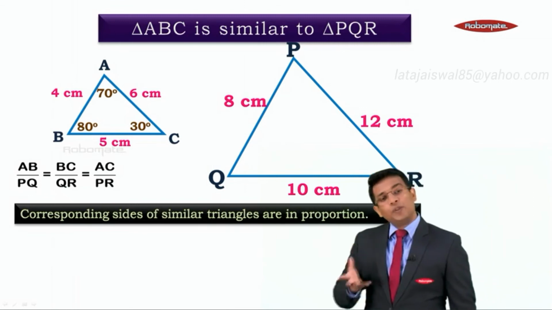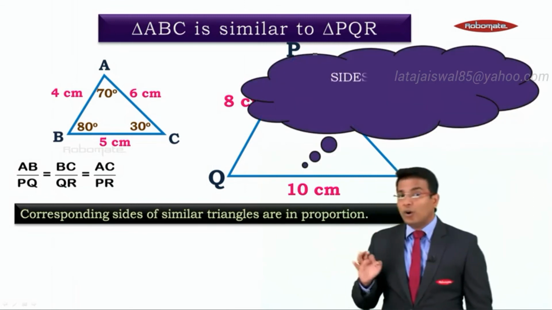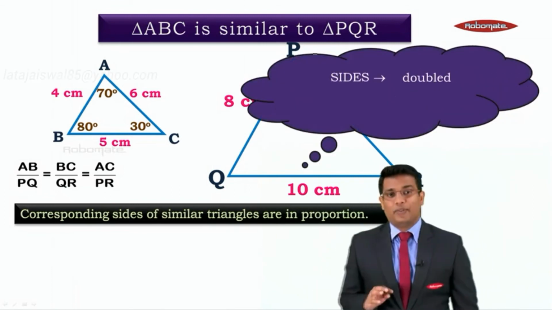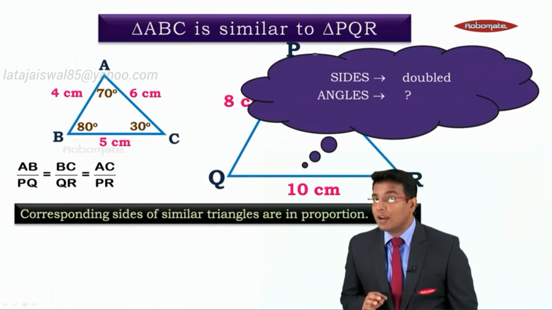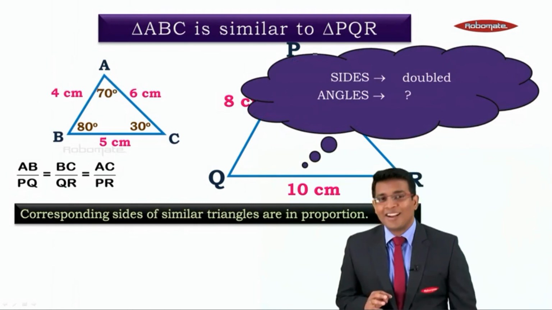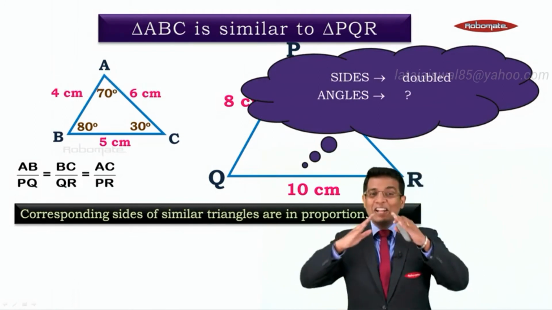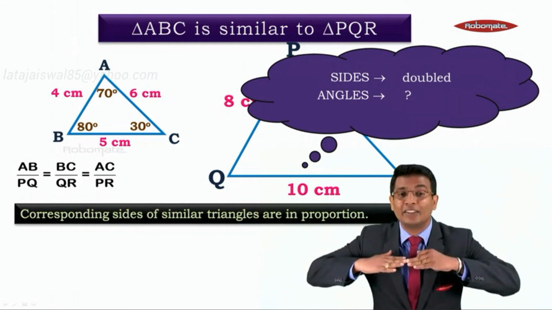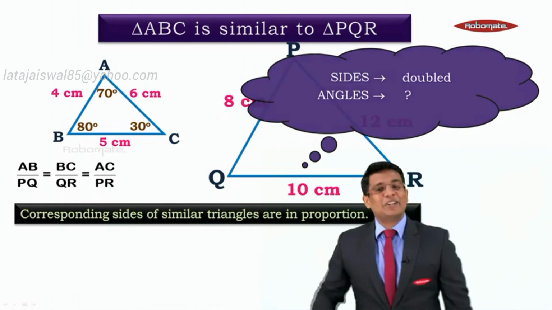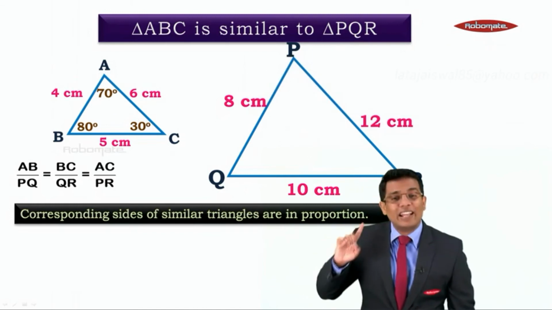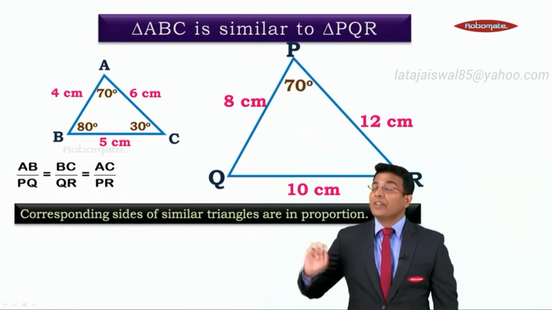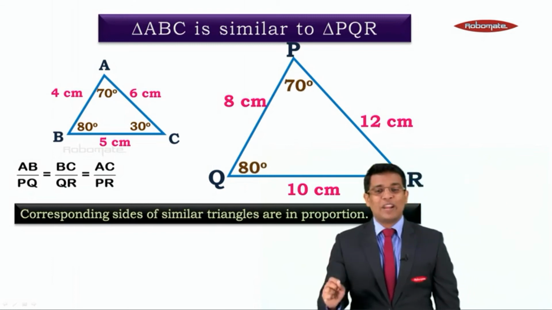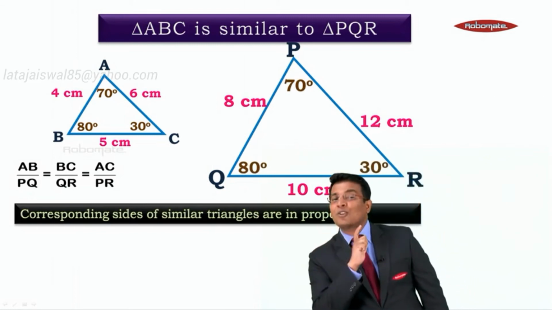Now let's observe what happens to the angles. The sides were doubled, so would the angles be doubled, yes or no? No. Let's understand why. Angle A was 70; if it would be doubled, it would be 140 degree, and the shape would change. That means it is going to remain the same. So if A is 70, P will also be 70. B is 80, so Q will also be 80. C is 30, so R will also be 30.